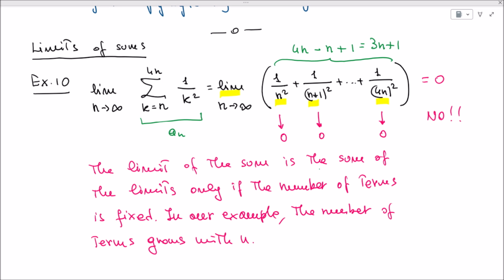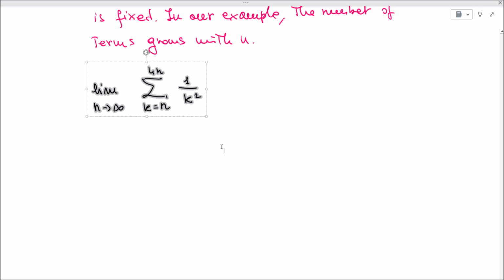I'll show you now how to find this limit. So what we can do is actually, let me copy this limit once again here. So we are dealing with this, right? So we want to find this limit. And this is our an.